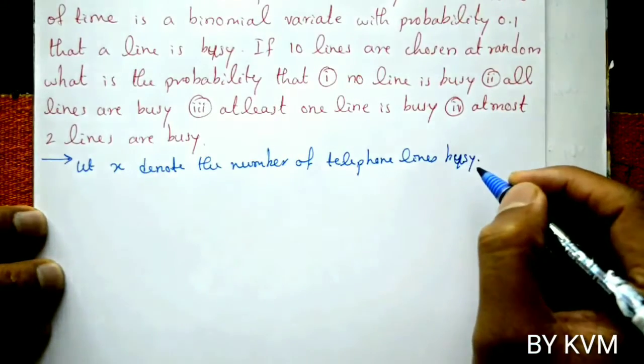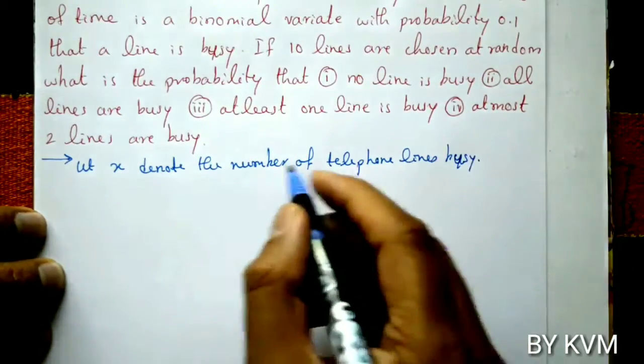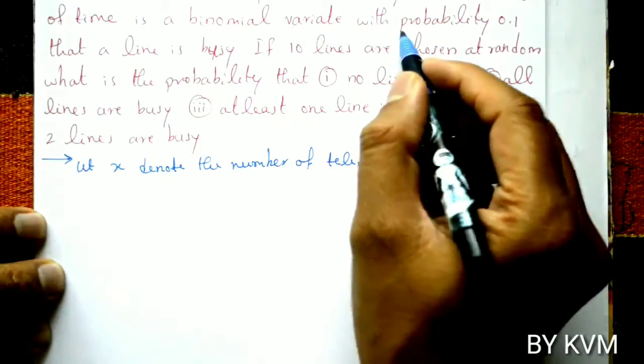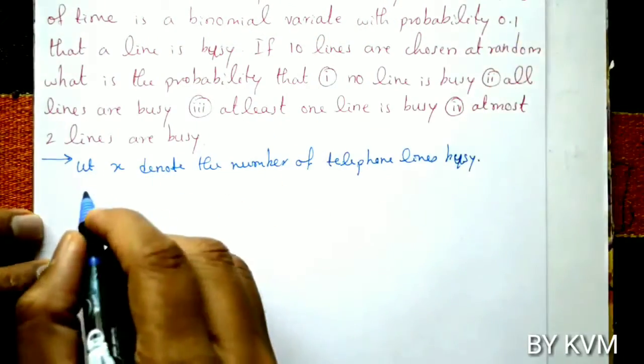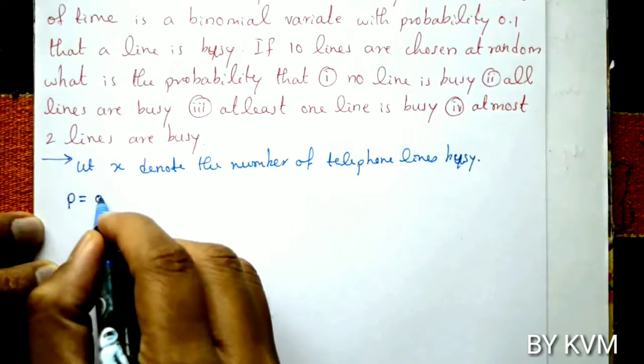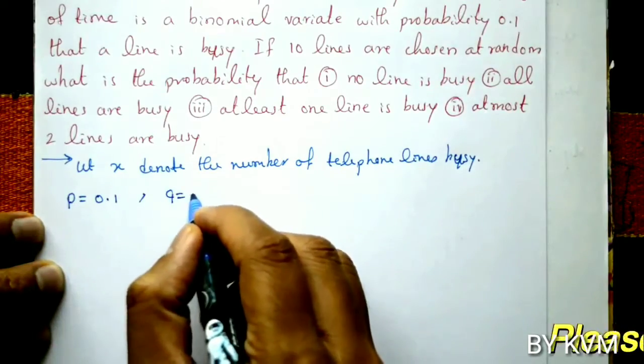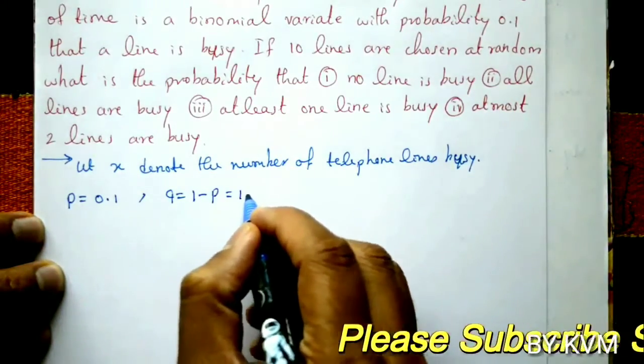Now, the probability of telephone lines busy, that is P, is 0.1. So P means the probability of telephone lines busy, that is P equals 0.1.